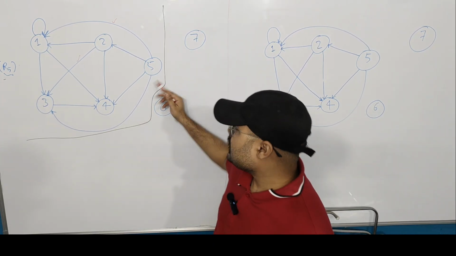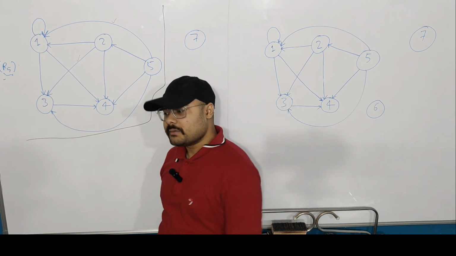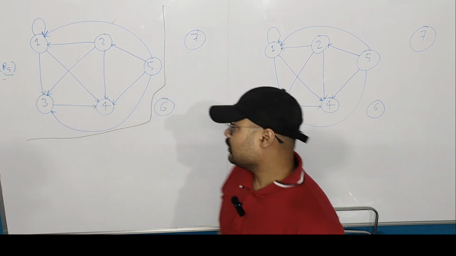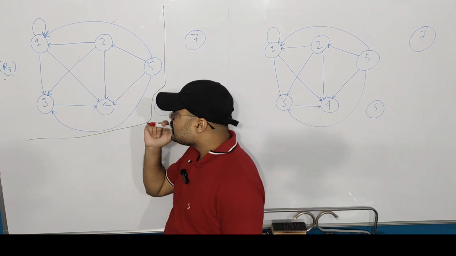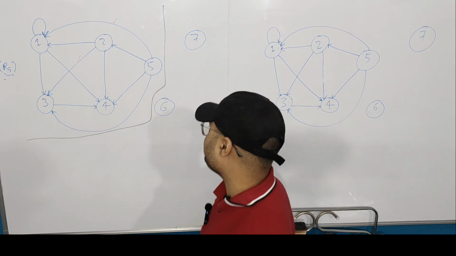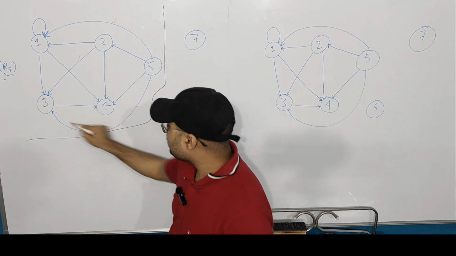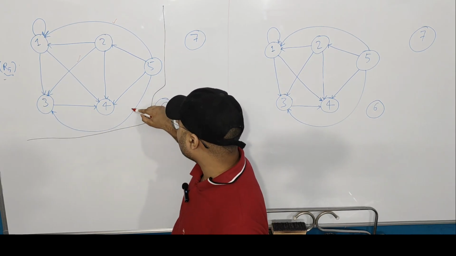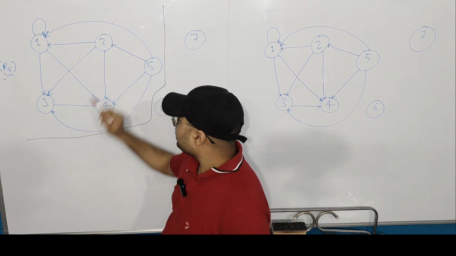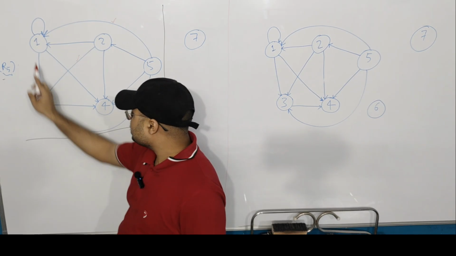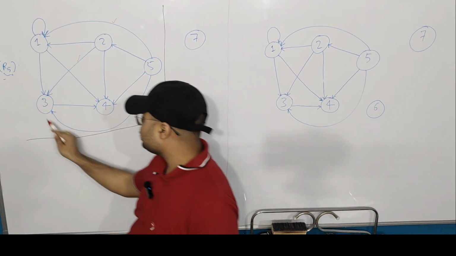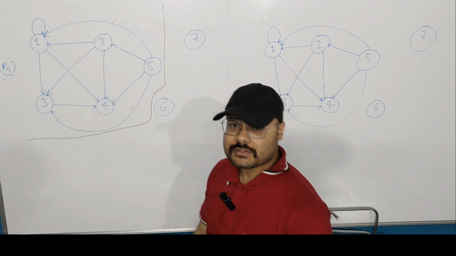I don't know if transitive edge is an actual term or not, but let's say this is a transitive edge. Similarly, for this edge from 1 to 3, you have to connect 5 to 3 also, because 5 is related to 1, 1 is related to 3, so 5 must be related to 3. So this is another transitive edge.